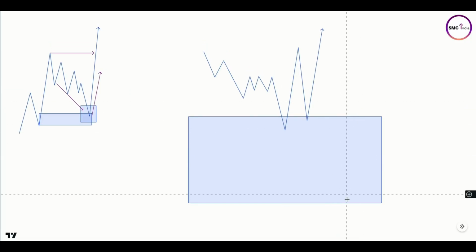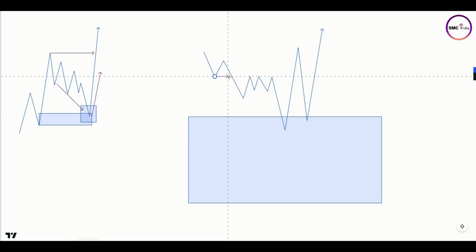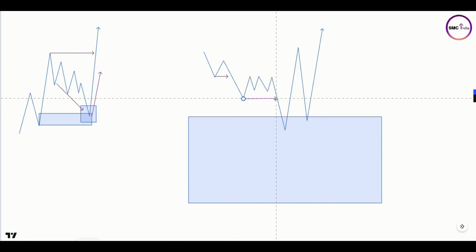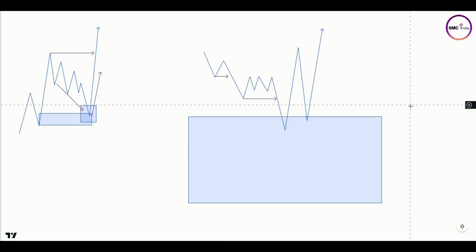So what you see is that for this trade, the price is moving down, causing simultaneous breakout structure here. And what it does next is that it causes change of character up here.